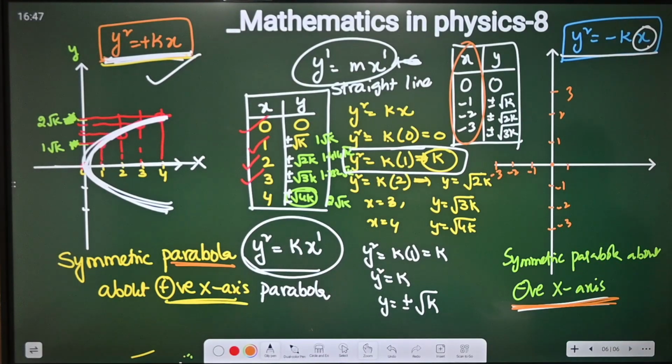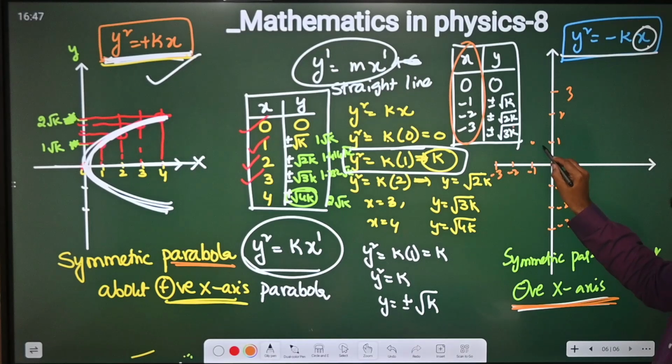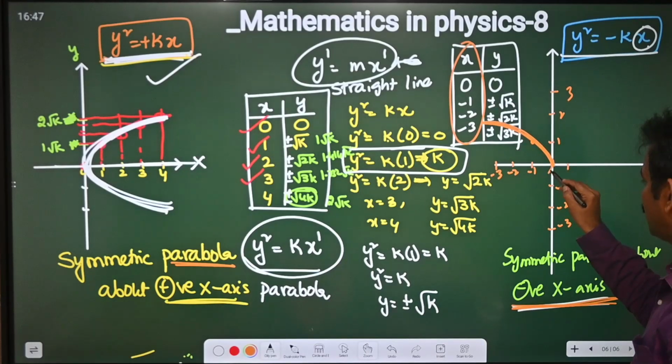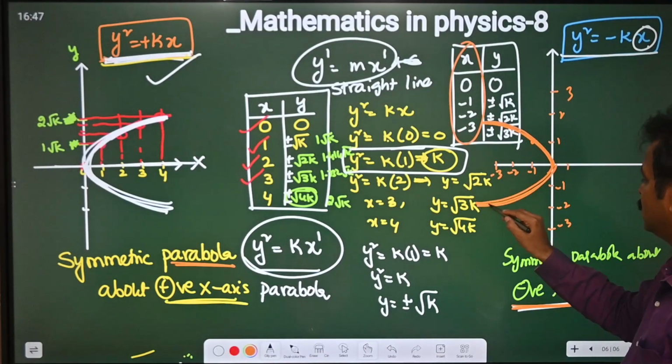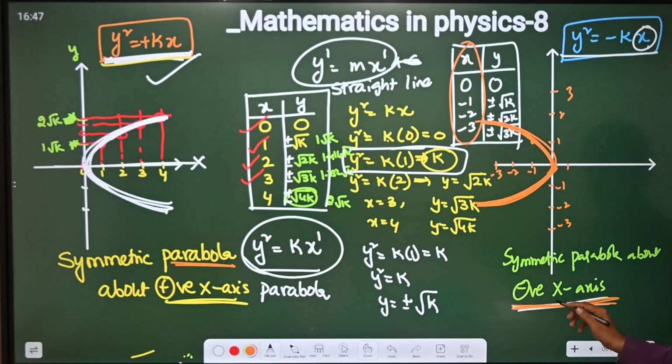The next value, when x is equal to minus 1, this is minus k, and x is equal to minus 2 root 3. So the corresponding graph will be like this, and you can see this is above negative x-axis. So this is the symmetric parabola above negative x-axis.